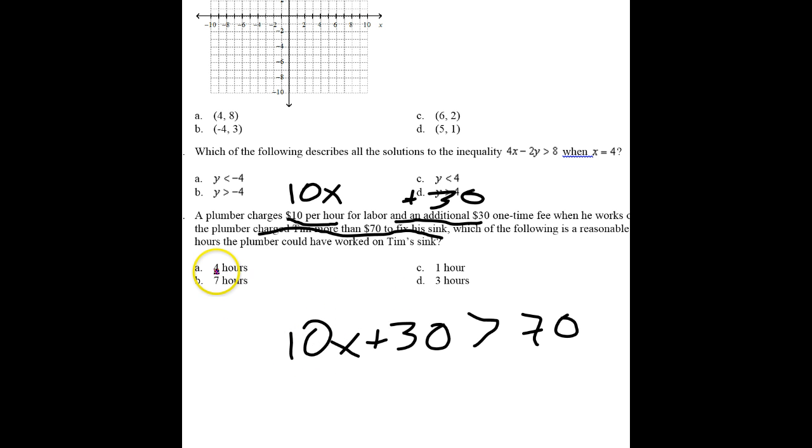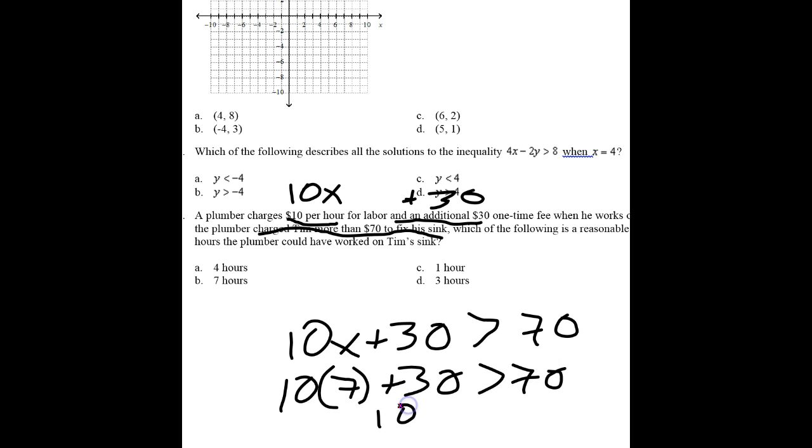And if I try 4 hours, I would end up with 10 times 4 will give me 40, plus 30 will give me 70. 4 hours would cost somebody $70, but I want this to cost more than $70. So the answer is 7, because 10 times 7 will give me 70, and plus 30, that would be 100. And 100 is in fact bigger than 70.